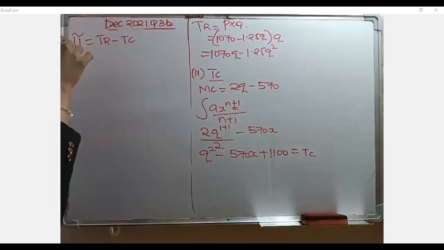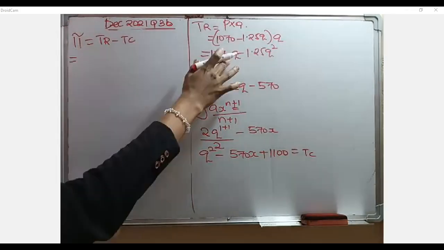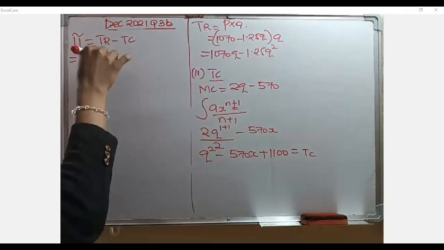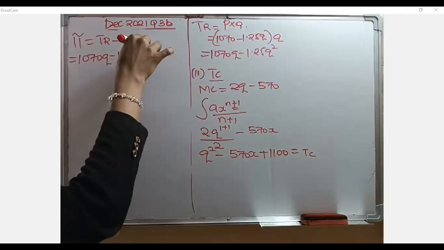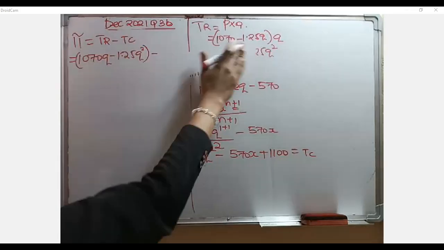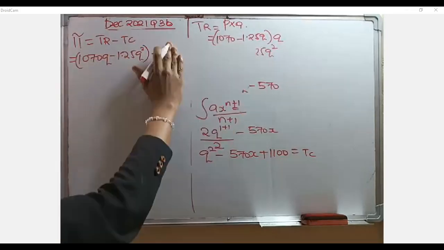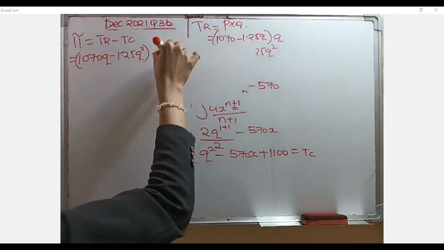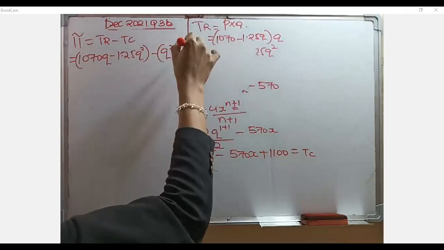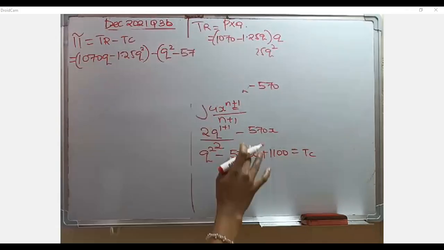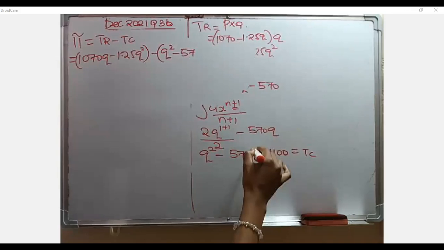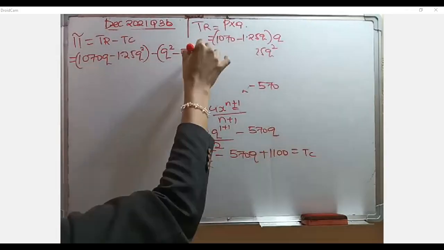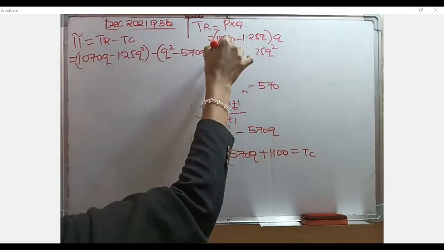The total revenue is 1070Q minus 1.25Q squared, minus, we are subtracting Q squared minus 570Q plus 1100.